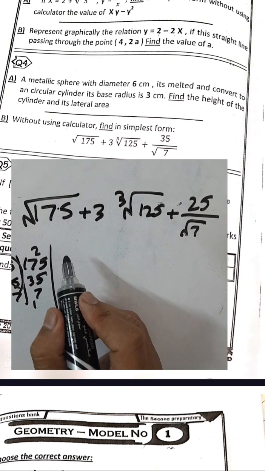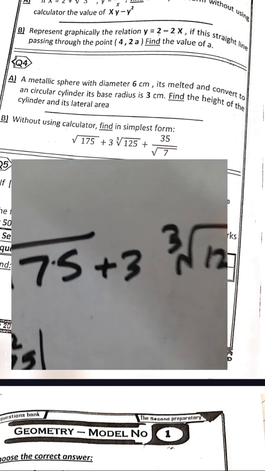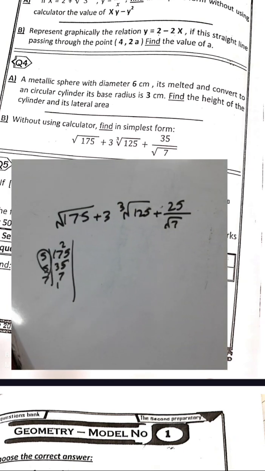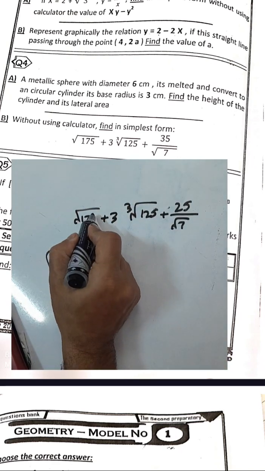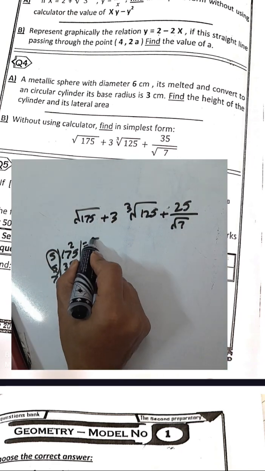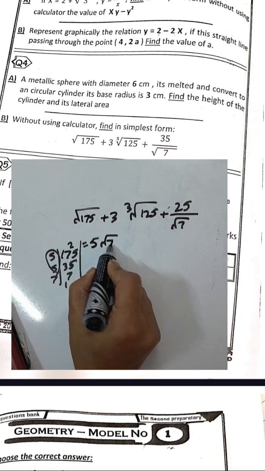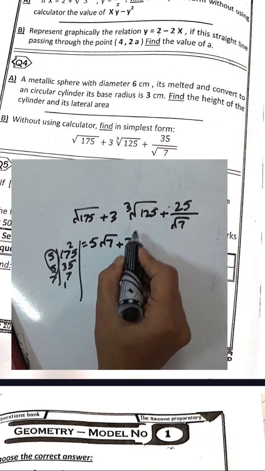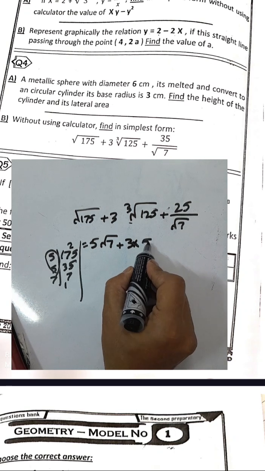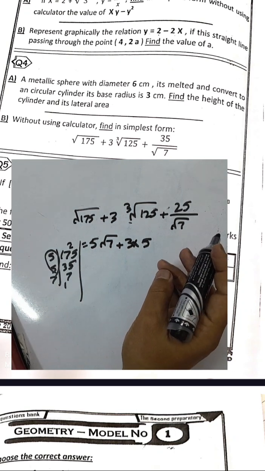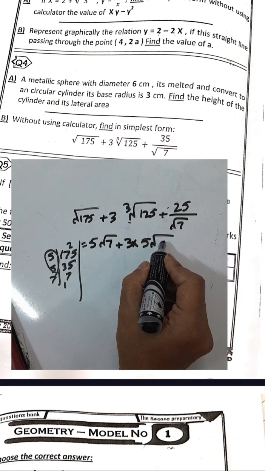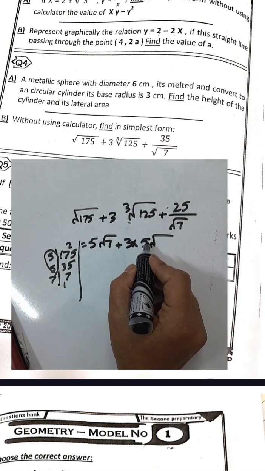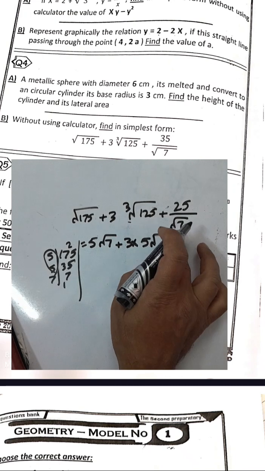Then the square root of 175 will be what? Write 5 outside and the square root of 7, plus 3 multiplied by the cubic root of 125, which is 5. 5 times 5 is 25, 25 times 5 equals 125.